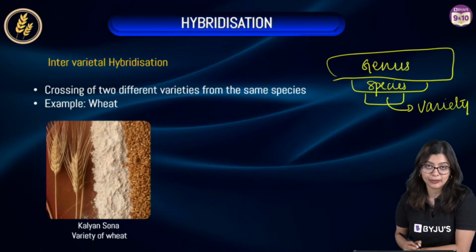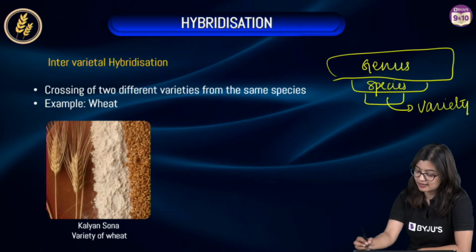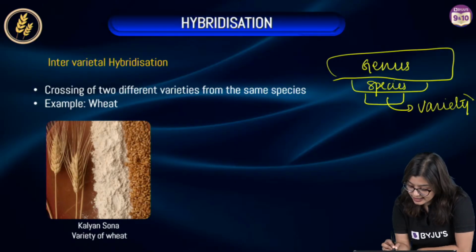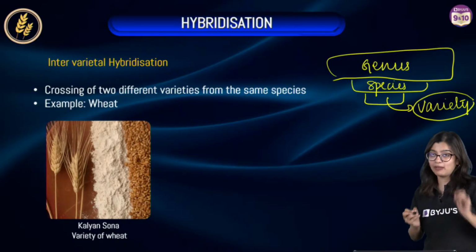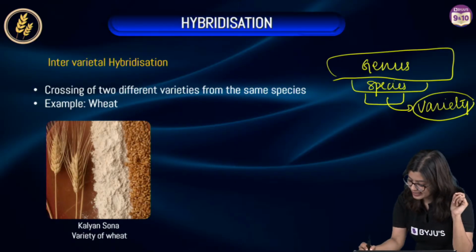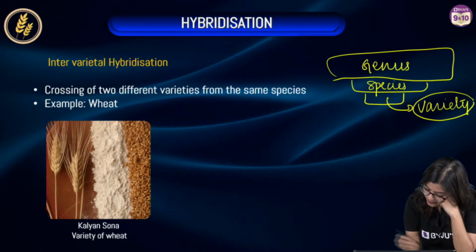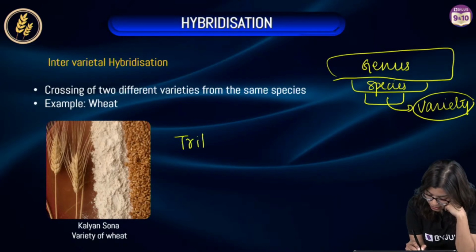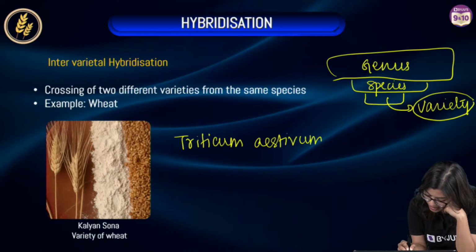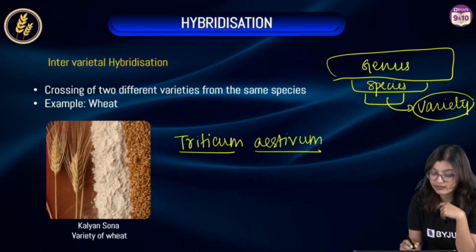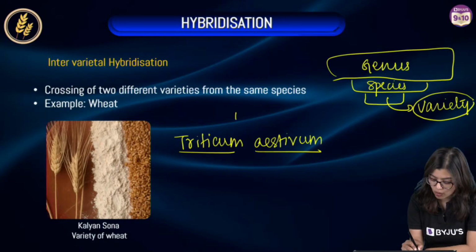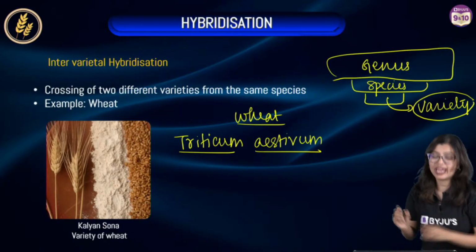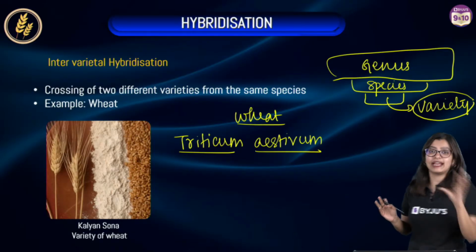So for example, let's take an example of intervarietal, which is the same species. Let's take Triticum aestivum. This Triticum aestivum is the scientific name of wheat, so wheat comes under Triticum aestivum.